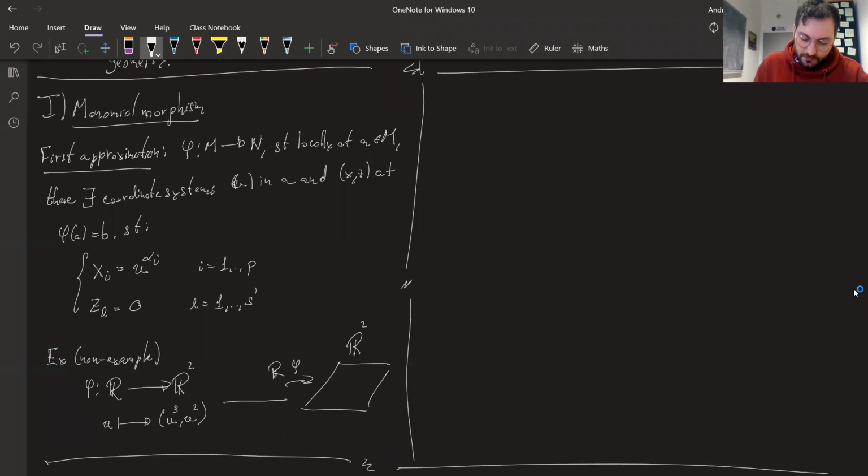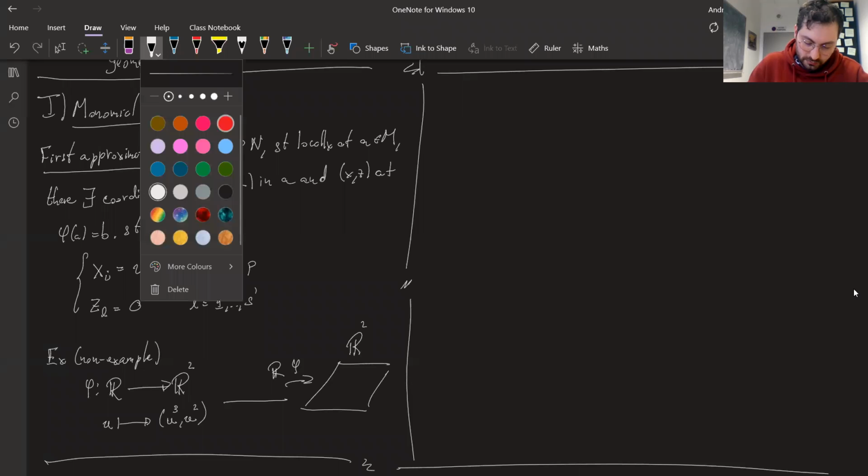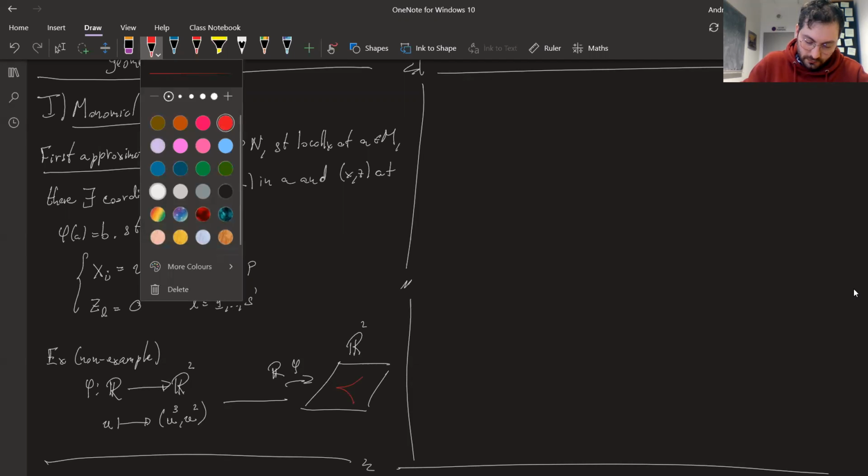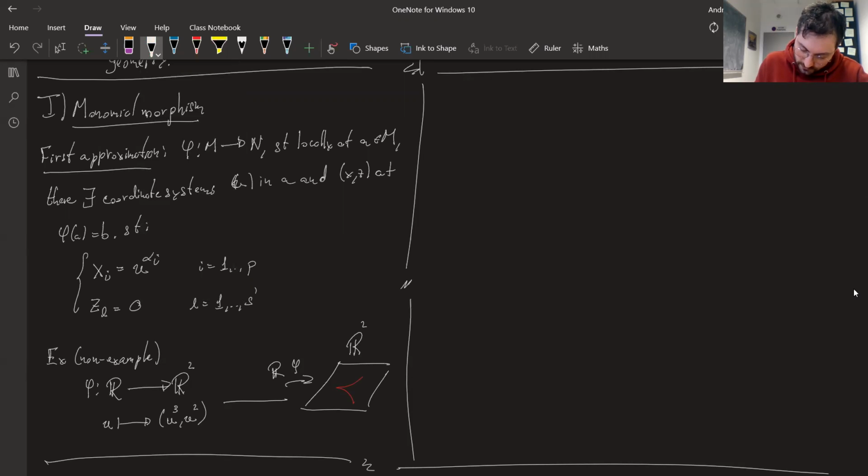And the image of the morphism is going to be a cusp. So in here, phi of R is going to be contained, actually equal in this case, to x^2 minus y^3 equals 0.